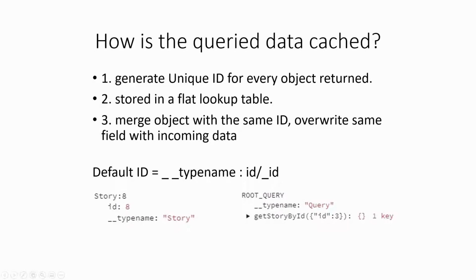So, assuming you're using the default settings of the Apollo client, every returned object will get cached in the in-memory cache, and it will do that in the following way. First of all, it will generate a unique ID for every object that's returned from the request. The unique ID is composed in this way: it will use the __typename, a colon, and the ID returned from your data.